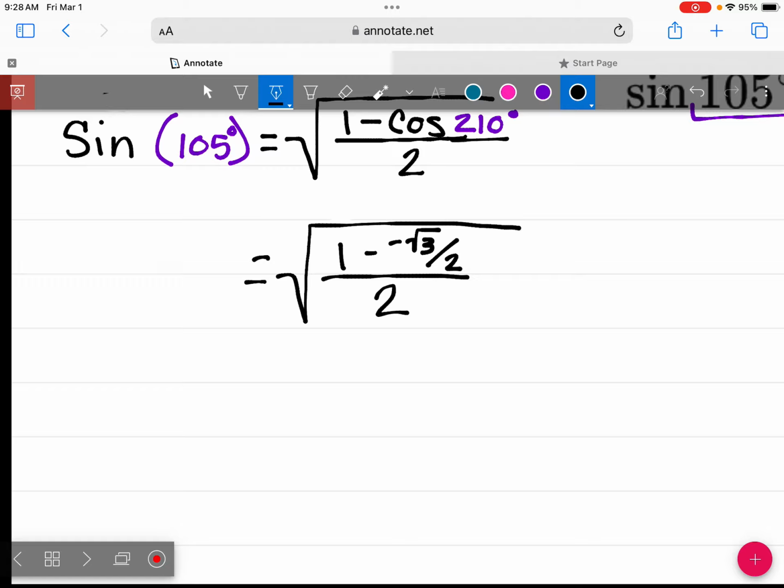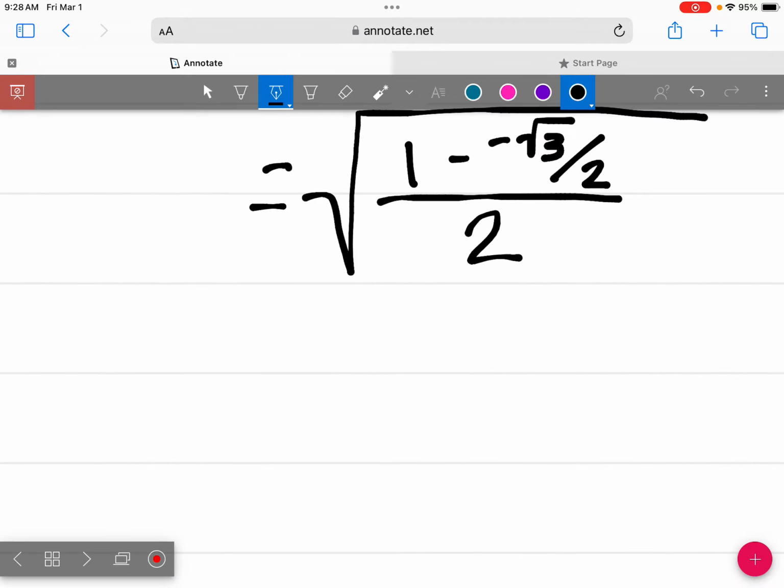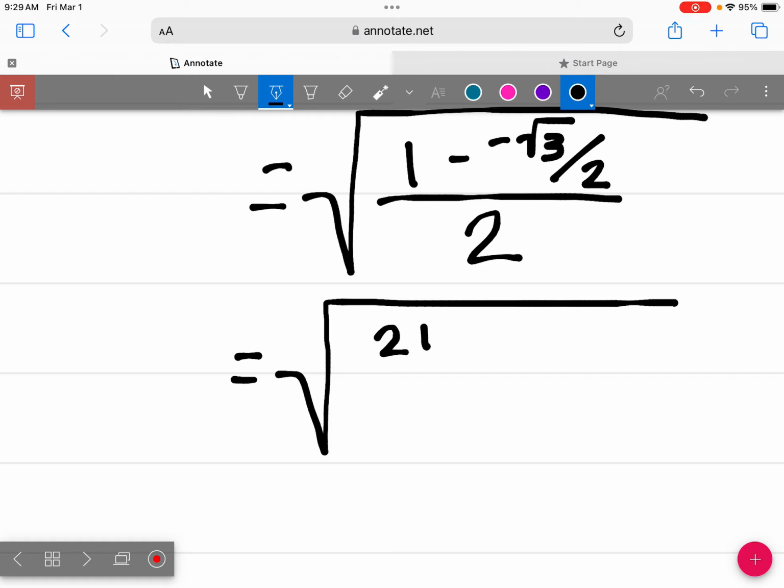So we're going to simplify the top, get to a common denominator within that numerator, because we have fractions upon fractions. So that's going to give us 2 plus the square root of 3 over 2 all over 2.